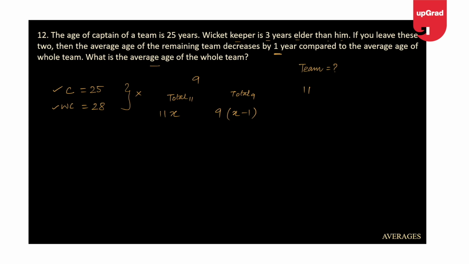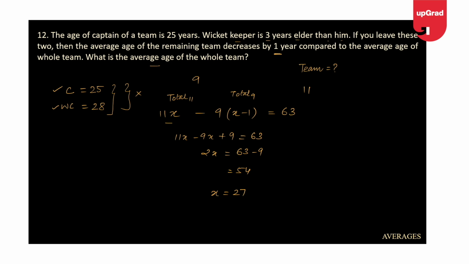And we know that out of this total, if I remove this, I should get the sum of these two values, because these are the people who have been removed. So I got my equation: 11X minus 9X plus 9 is equal to 63, and therefore 2X is equal to 63 minus 9, which is equal to 54, and hence my X comes down to 27.